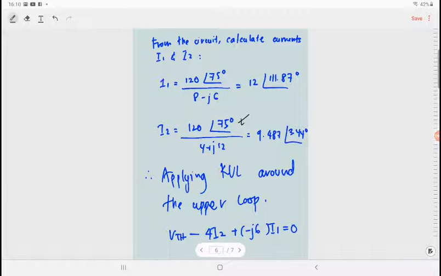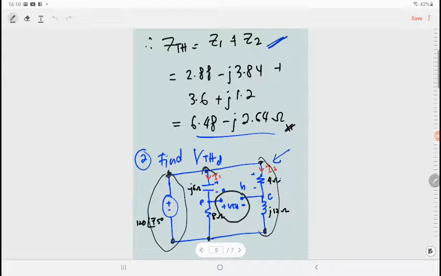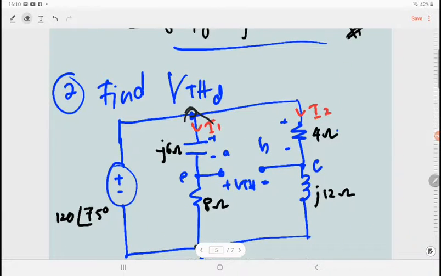So by knowing the value of I1 and I2, we can calculate the value of VTH by applying KVL around the upper loop over here, right? So I draw it here.